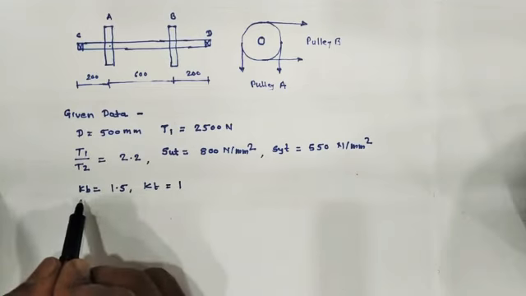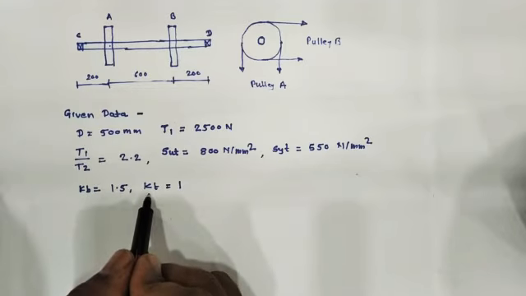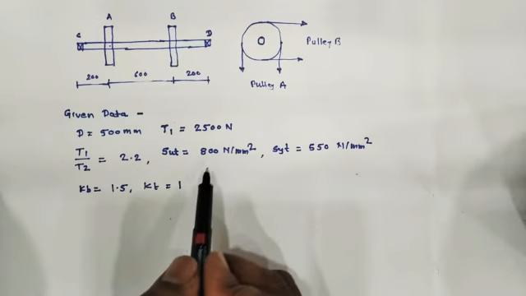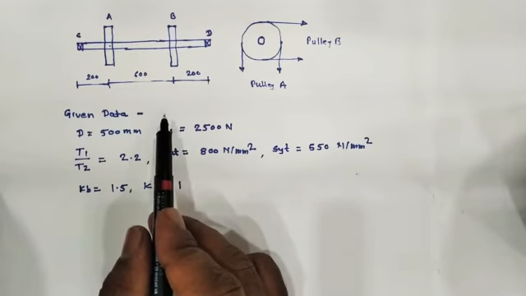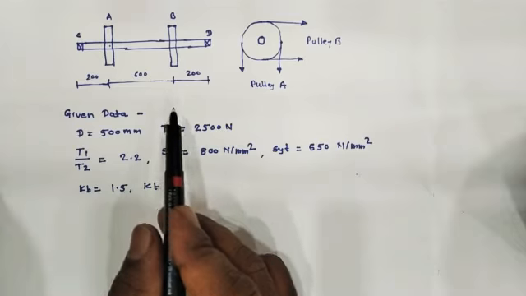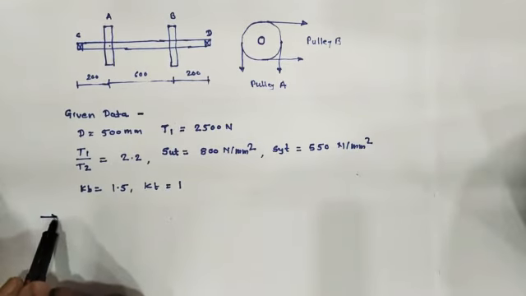So these are the two factors: the combined shock and fatigue factor in bending, and the combined shock and fatigue factor in twisting. This is the required given data for this arrangement, for which we have to design the shaft according to the ASME code.